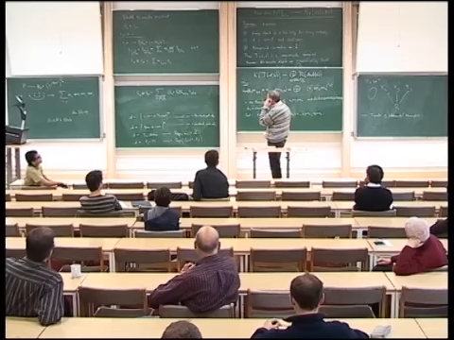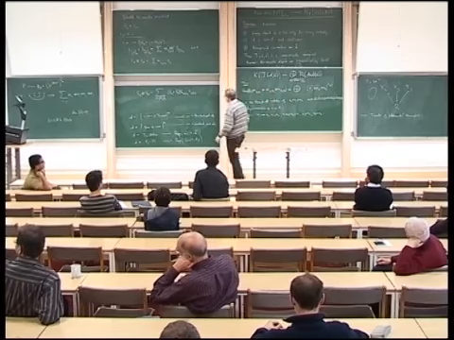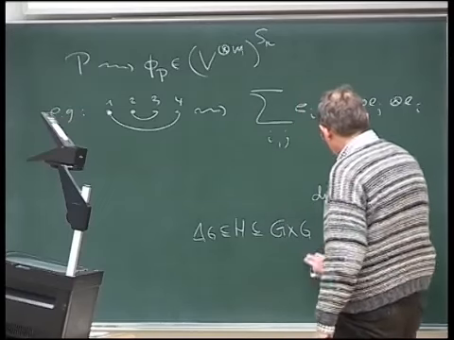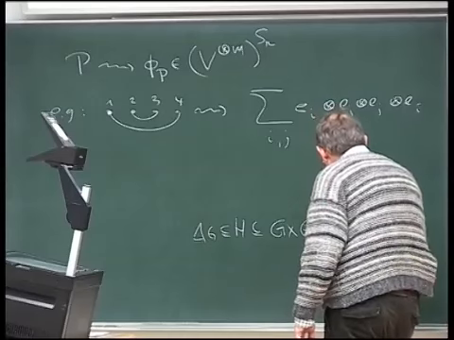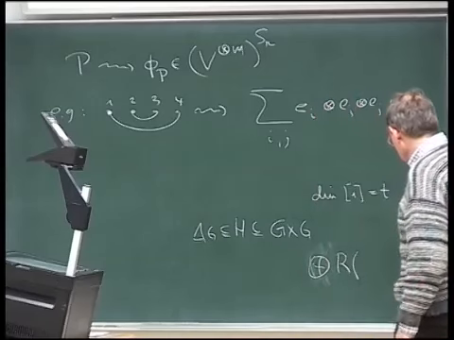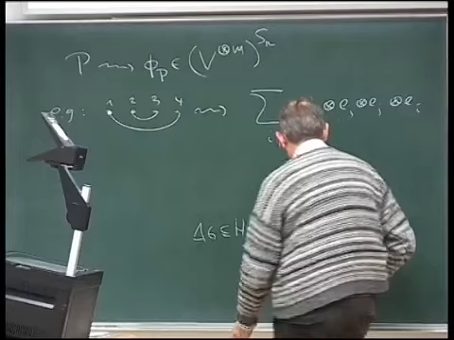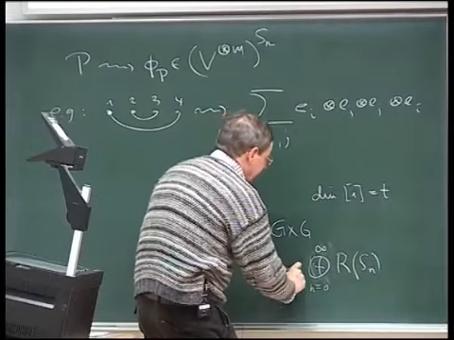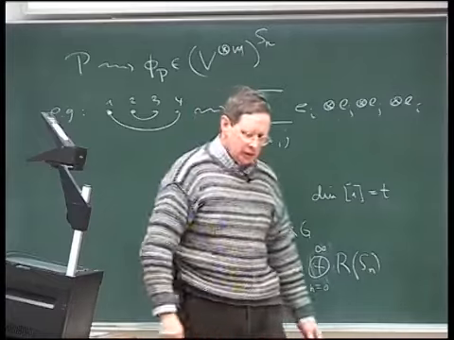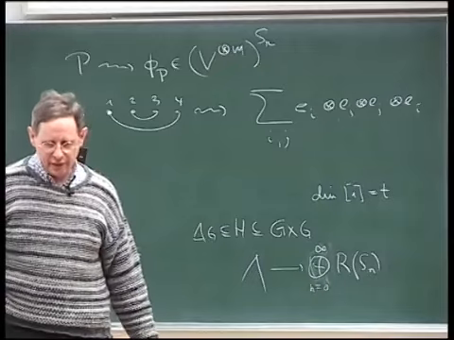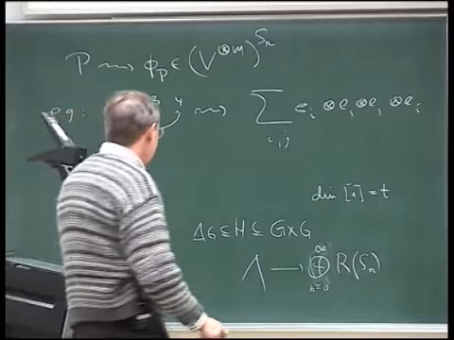I should have maybe mentioned this, that you can identify this Grothendieck ring, which is the direct sum of all R of S_n, with the algebra of symmetric functions. And this is an algebra isomorphism.